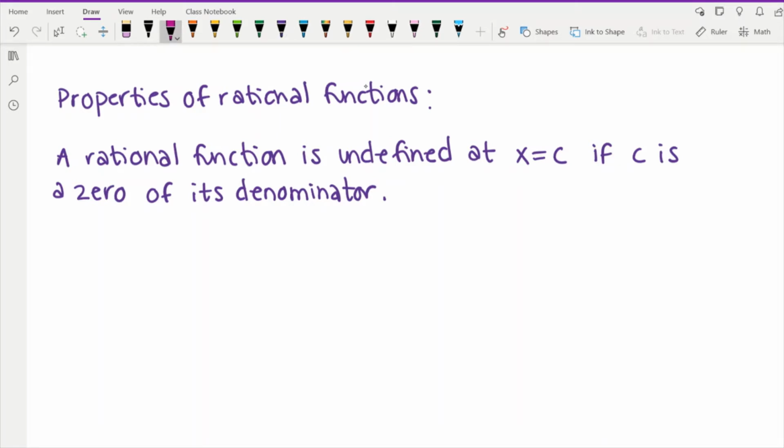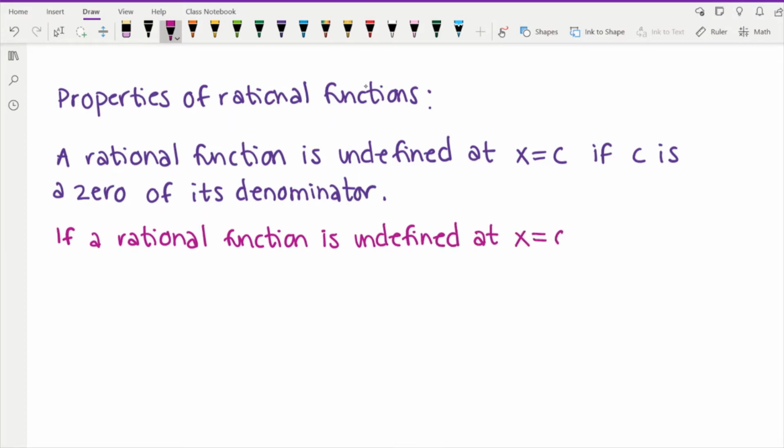Okay, so what happens, and this is something we did talk about in the last video, what happens when a rational function is undefined? Like, what does the graph look like? So if a rational function is undefined at a particular x value, let's say x is equal to c, it will have one of two features.